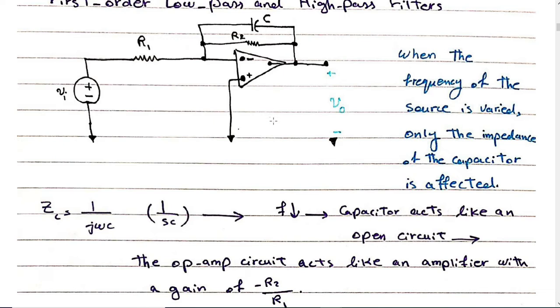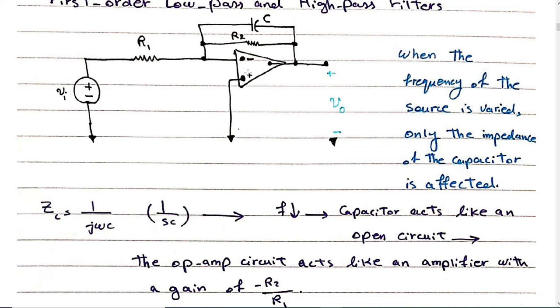Yes or no? For low frequencies, the impedance of the capacitor is high, so the capacitor acts as an open circuit, and you have just this circuit. This is an inverting amplifier, or operational amplifier.